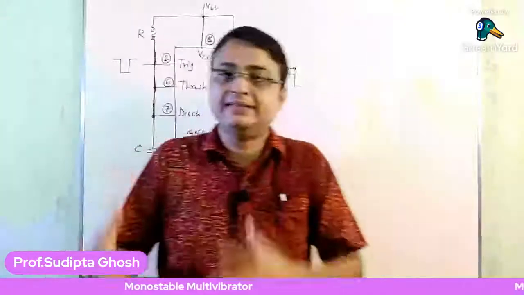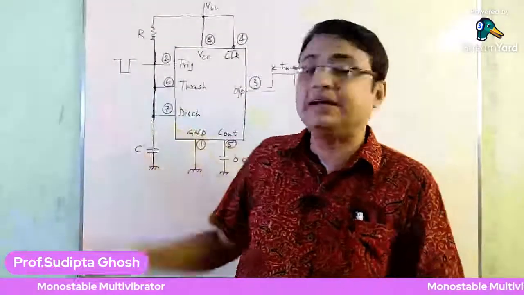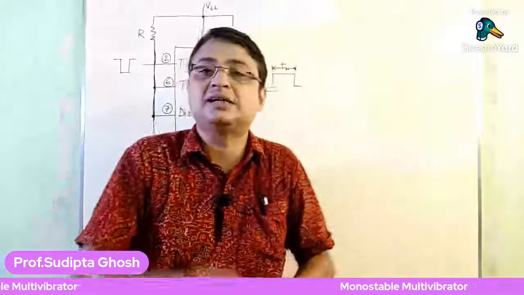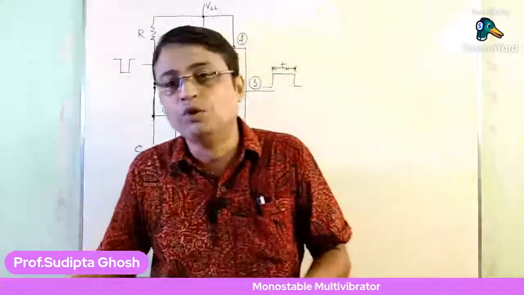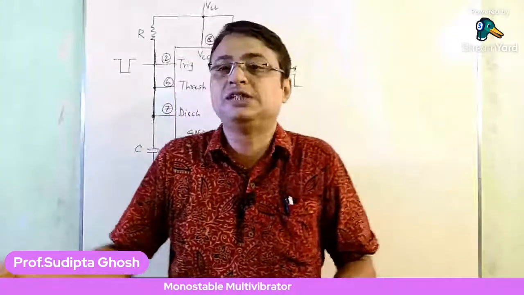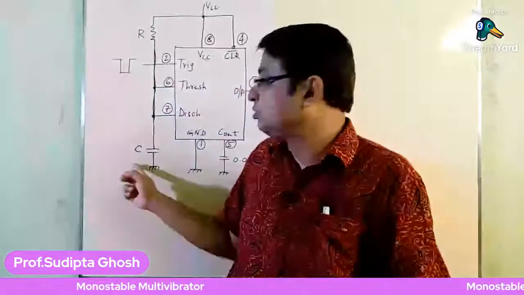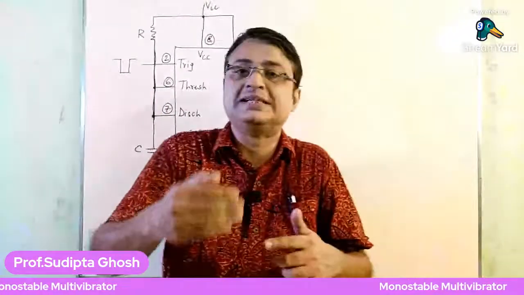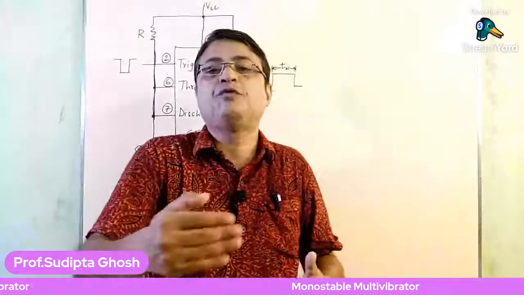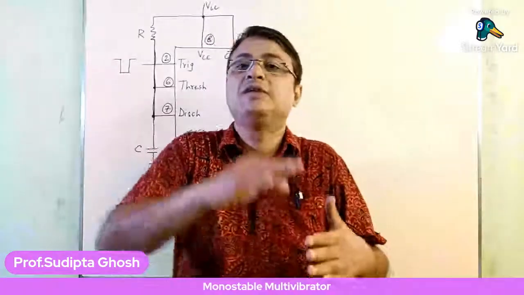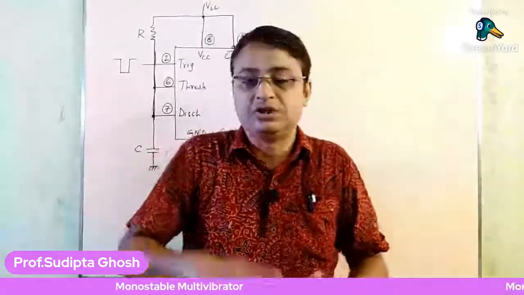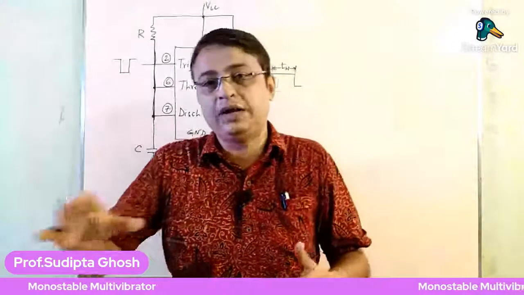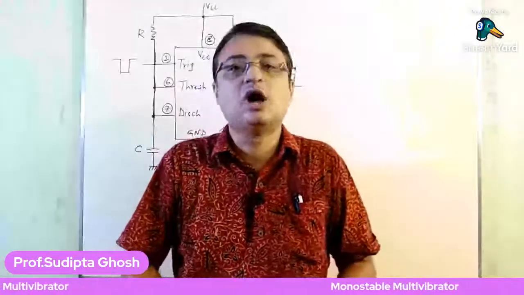Then pin number 7, the discharge transistor, finds a path to move to a value of 0 volts. That means the capacitor value, which is nearly 3.4 or 3.5, will certainly discharge and go to 0 volts.